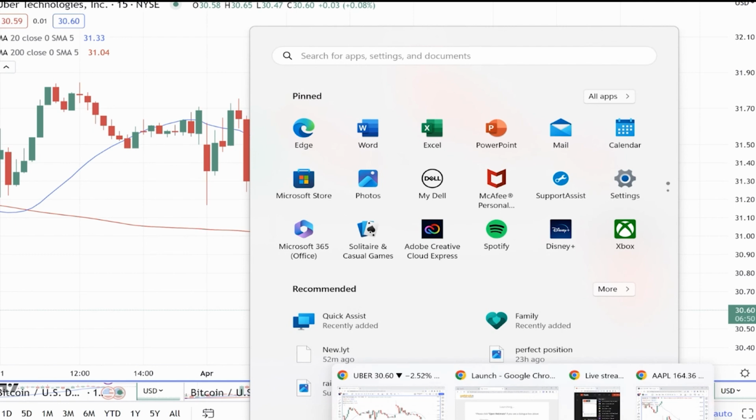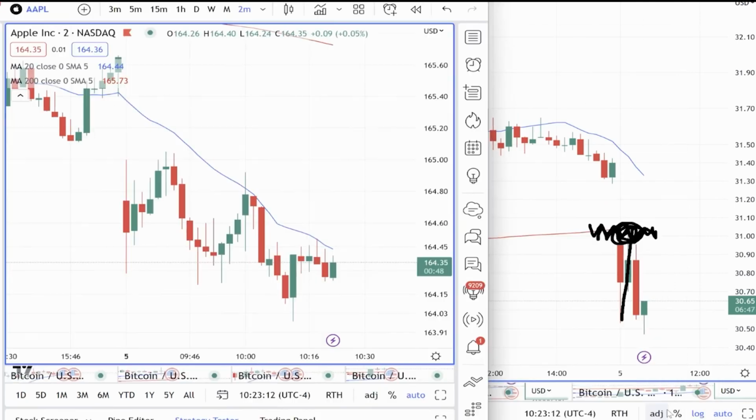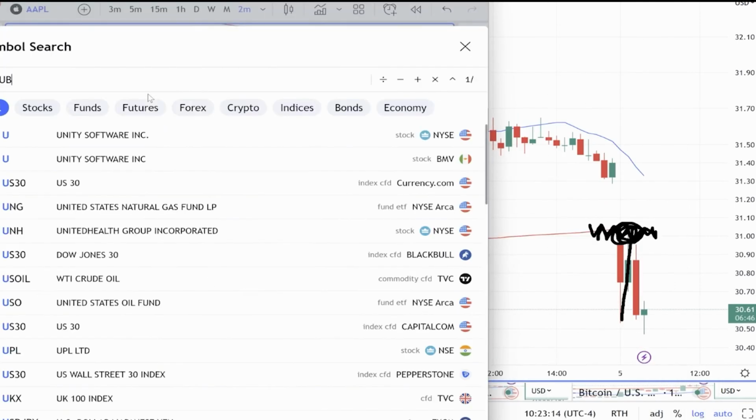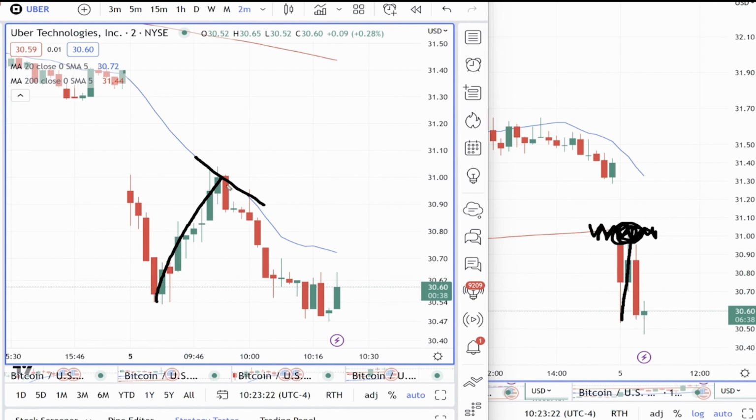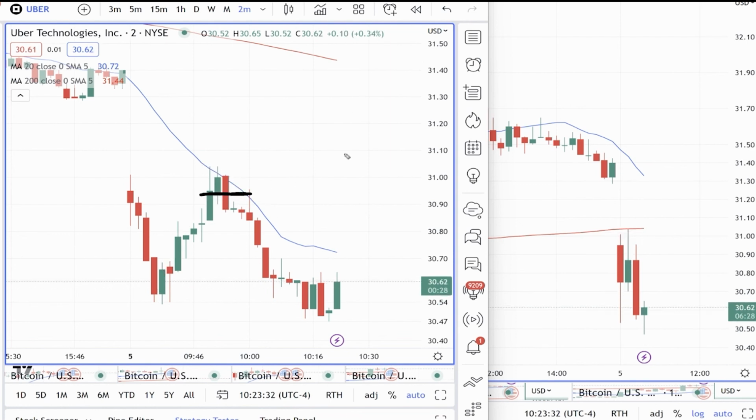Let's get that other one back up there. So here on the 2, Uber is coming up to the declining 20. We get a beautiful bear 180 sell setup there. Color change, boom.